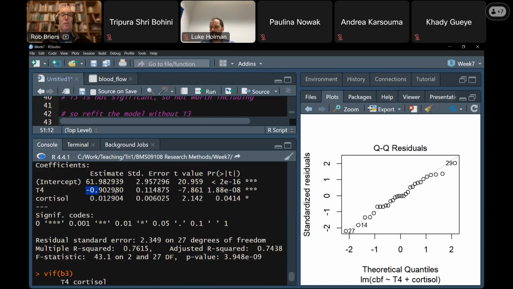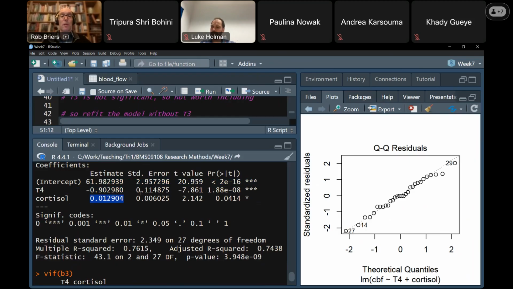So here, remembering T4 is a negative relationship, cortisol has a positive relationship, and that also relates to the change in your cerebral blood flow per unit change in each of our predictors.